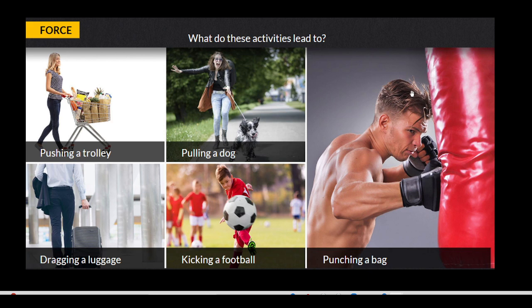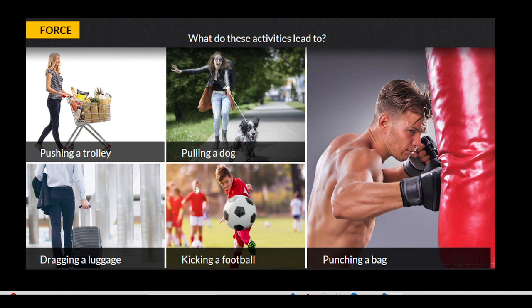Very good. So what do these activities lead to? If this girl is pushing the trolley, the trolley will move. If this guy is punching a bag, the bag would move. Similarly, this boy is kicking a football, so the ball would move.